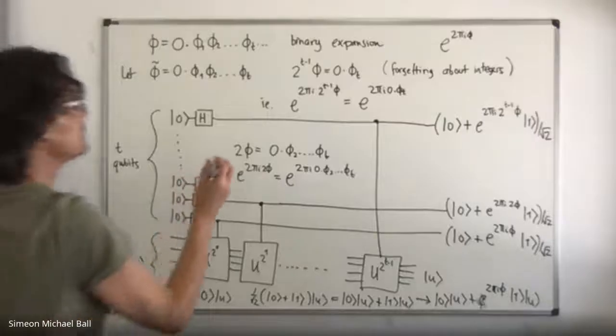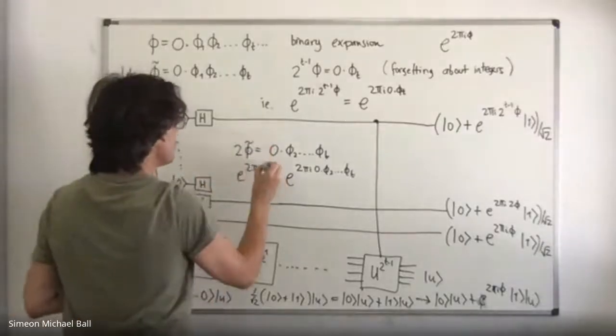Wait, the phi with the bar, right? With the squiggly. Oh yeah, thank you. And then up there as well. And the one above, 2 to the t minus 1 times psi equals. Yeah.